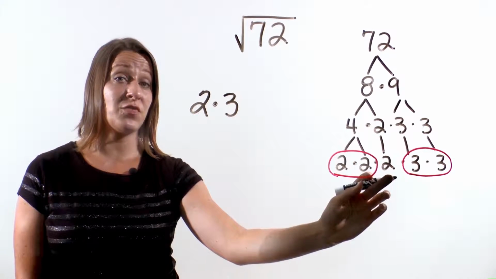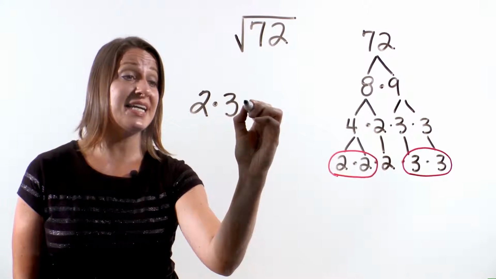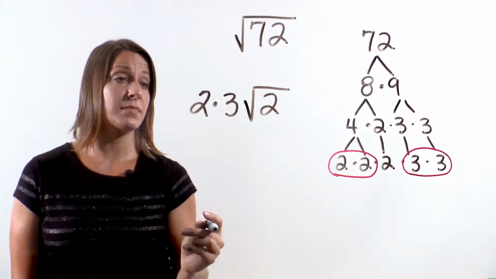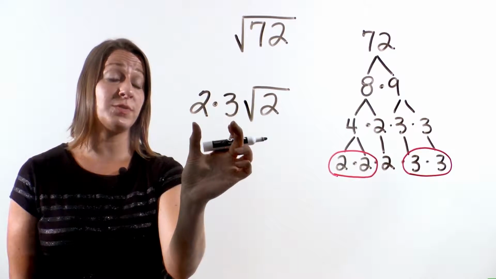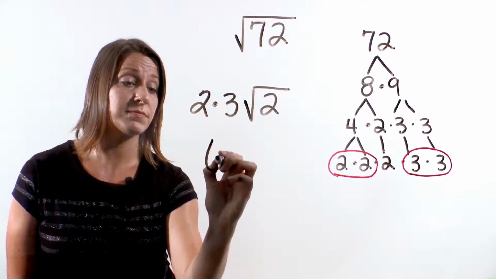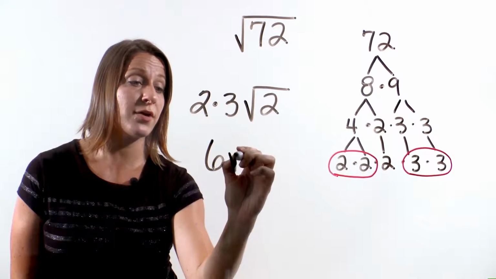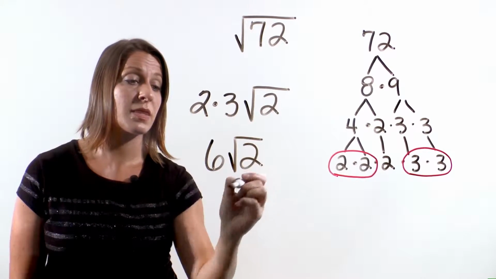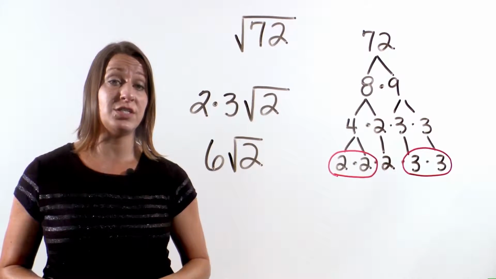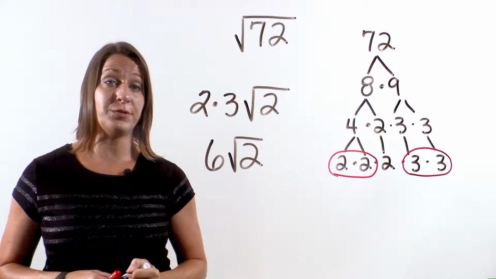Any number that's left over that doesn't have a match or doesn't have a twin to go with it has to stay inside of the radical. On the outside, we're going to multiply these two numbers together. 2 times 3 is 6. And then our number that didn't have a partner stays in the radical. So the best way that we can simplify the square root of 72 is to reduce it to 6 times the square root of 2.